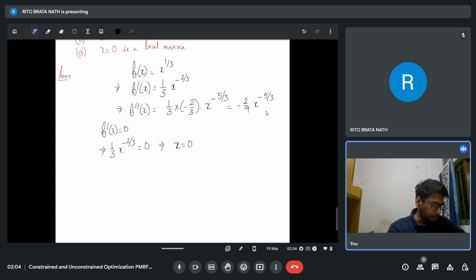Yeah, so this problem has one issue here, because actually when you have this negative powers, it's 1 by 3, 1 by x to the power 2 by 3, right? But when you set x equals to 0, it becomes 1 by 0, which is kind of infinity. So it's not actually 0, but I don't know why the problem is given like this.